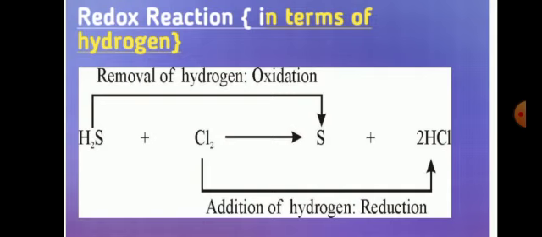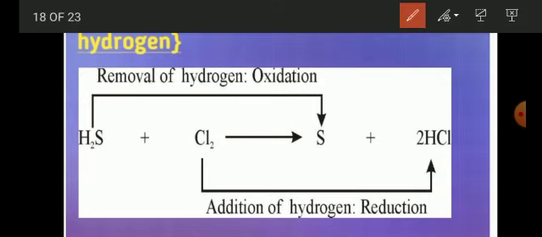As I said, in terms of hydrogen, there can be reduction and oxidation. So oxidation can be the removal of hydrogen. When there is a loss of hydrogen, it is going to be your oxidation, and when there is a gain or an addition of hydrogen, it is going to be your reduction.